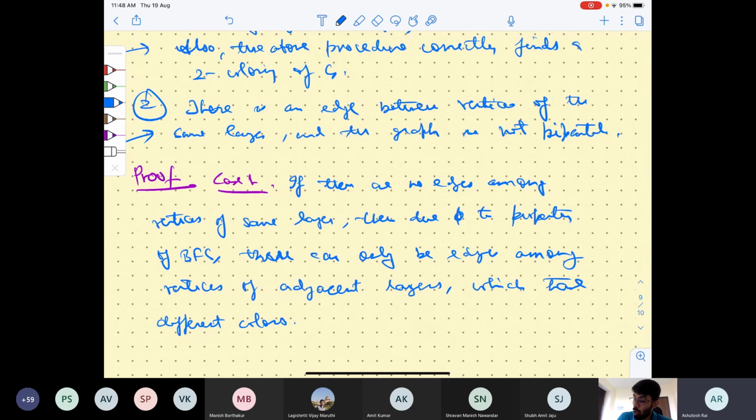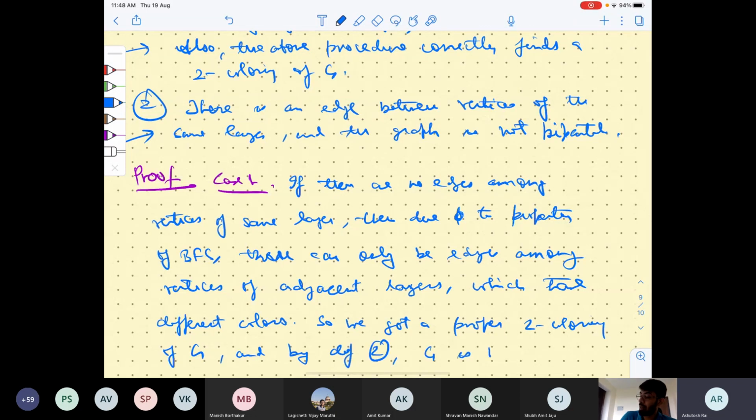So we got a proper two coloring of G, and by definition 2, G is bipartite.